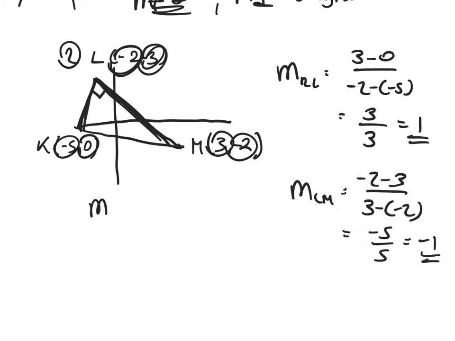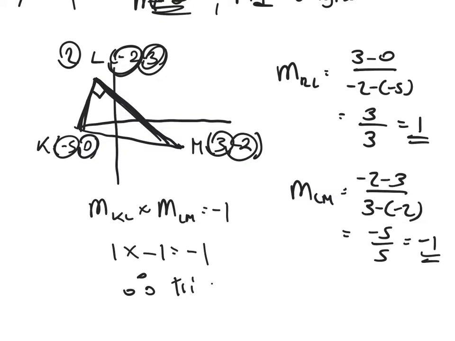So I would then say m_KL multiplied by m_LM equals -1. 1 times -1 equals -1. Therefore, the triangle is right angled at the point L.